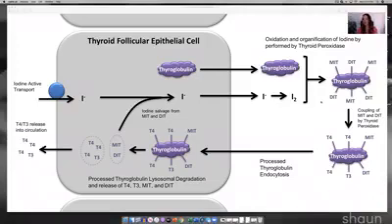And then if you look over here, when you actually start to bind together your T1s, your T2s, your T3s in order to make them into T4, we actually use something called thyroid peroxidase to help us bind those together. So if your body is attacking the thyroid peroxidase, you're going to have anti-TPO thyroid peroxidase antibodies. Those antibodies are specific to where there is a war going on inside your thyroid.